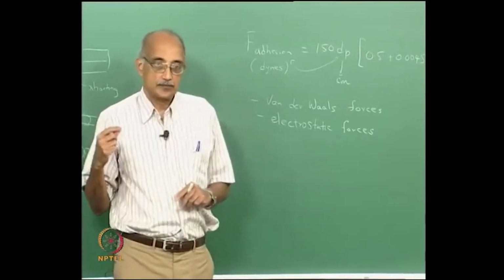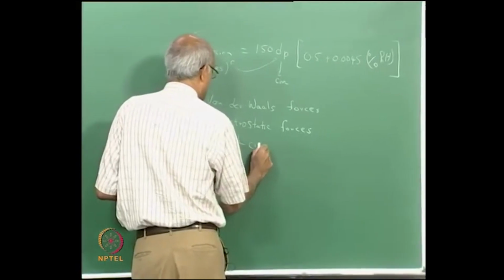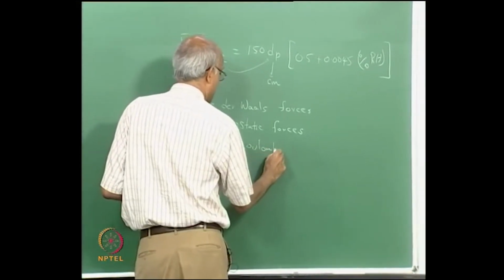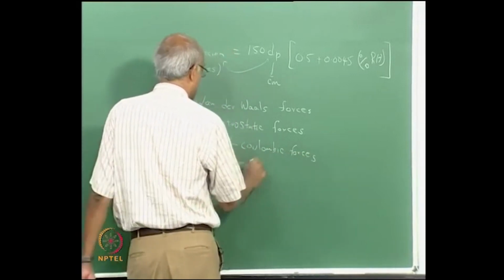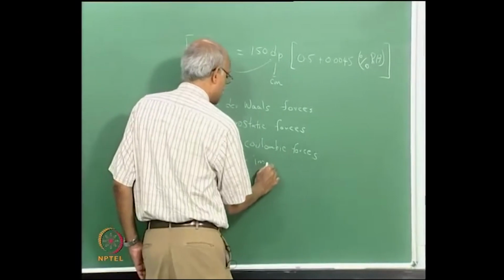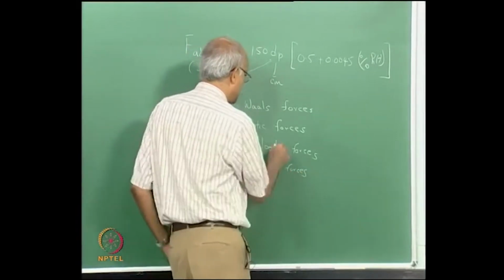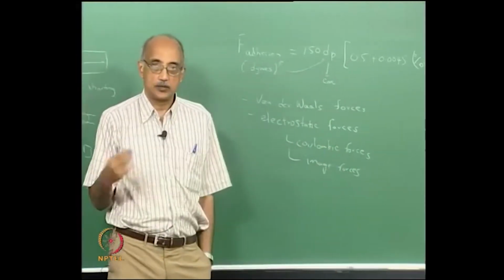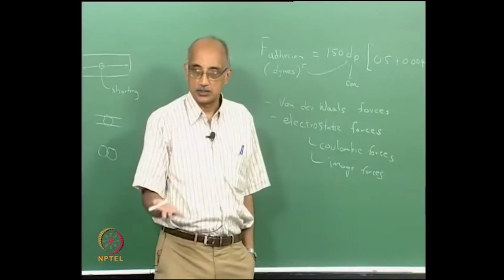forces, they can be subclassified into three types. You have your Coulombic forces, which you probably studied about in electrical engineering. Then you have what are known as image forces. The difference between these two is Coulombic forces apply when both the particle and the surface are charged.